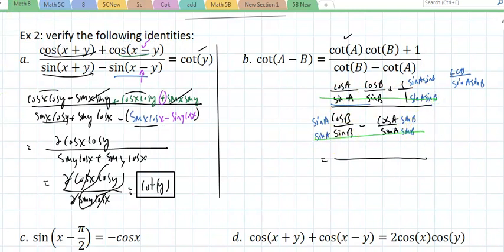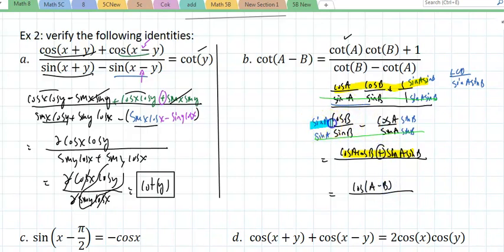This is a complex fraction, so the top will have simply the cosine of A cosine of B plus sine of A sine of B. So the top is nothing more than cosine of A minus B. Remember, that's the opposite.